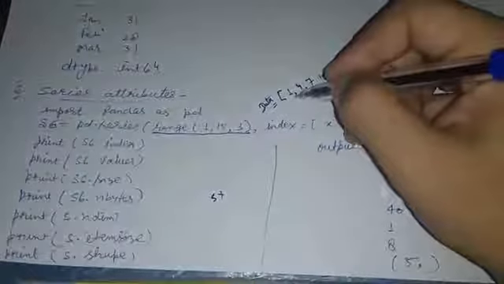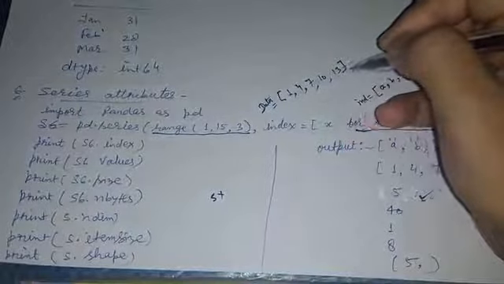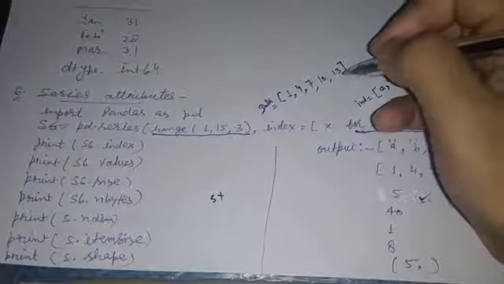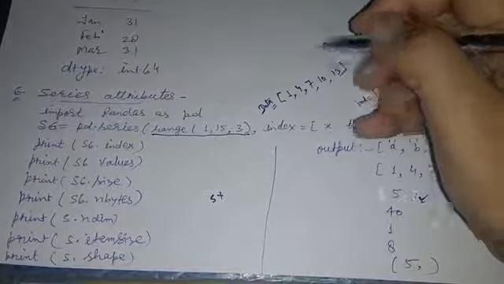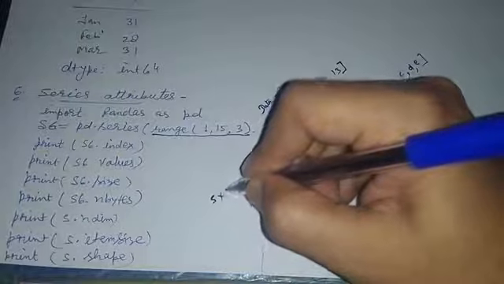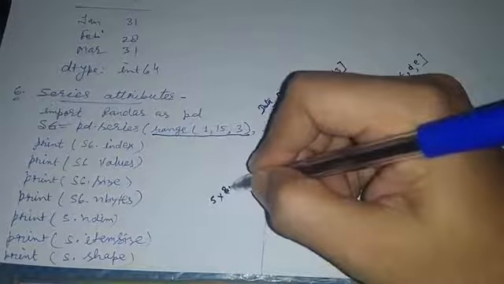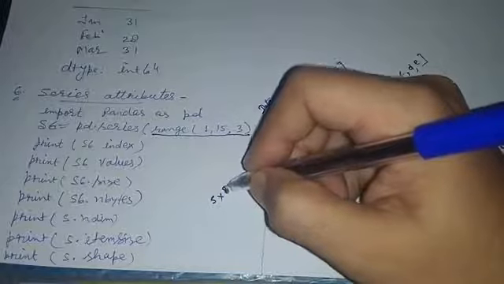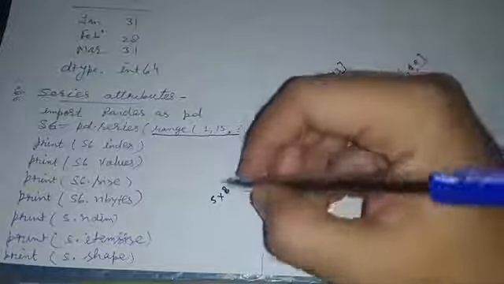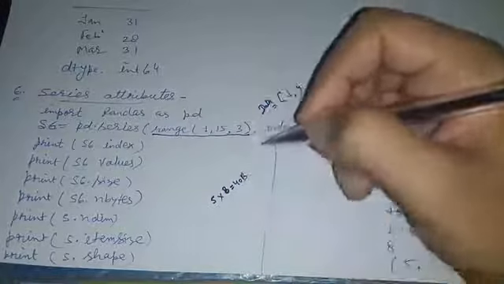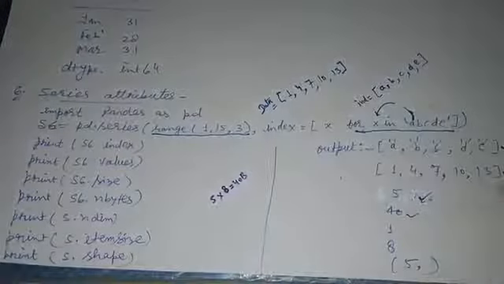As our data are in integer form, they will use 8 bytes to store themselves. So length of the series times size of one data element, 8 times 5 is 40 bytes. So the answer of this is 40.